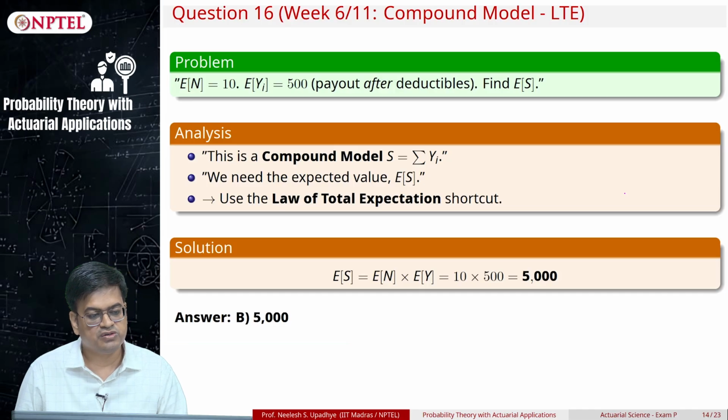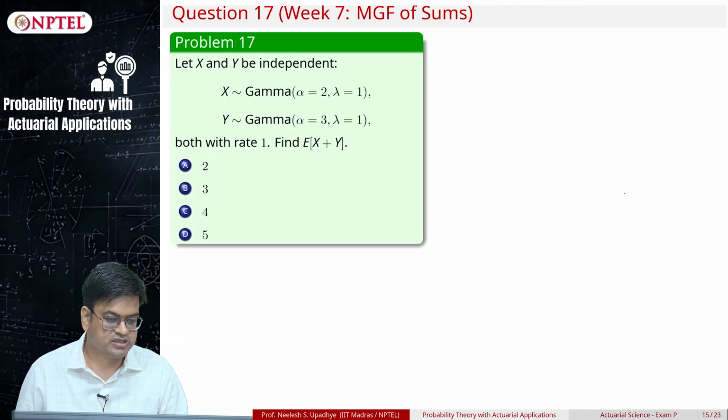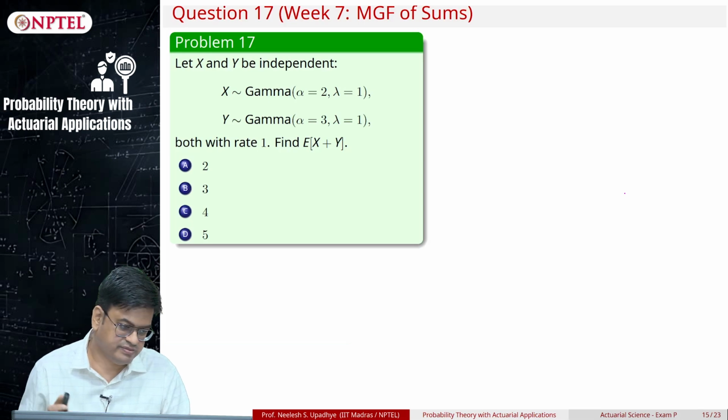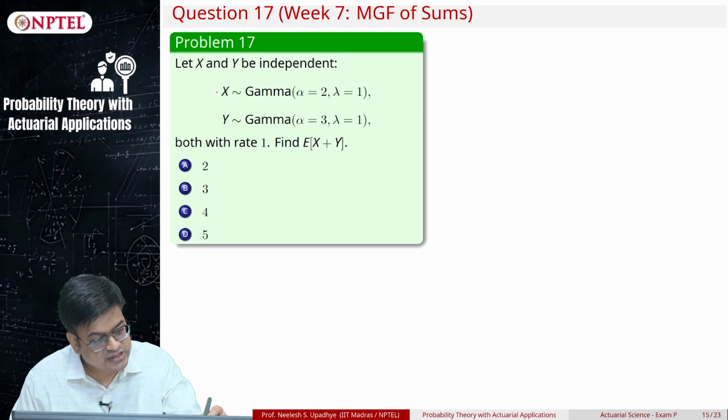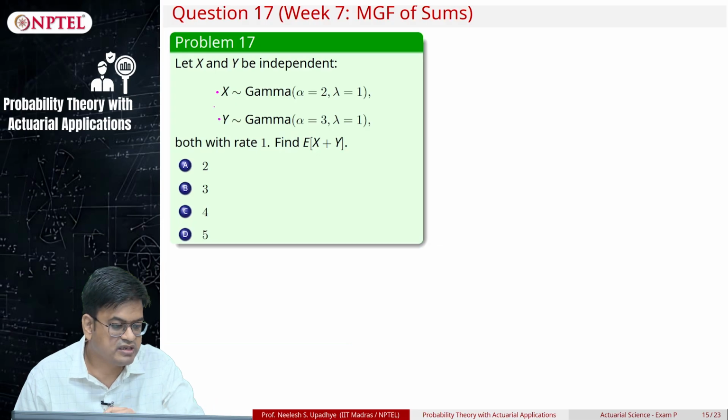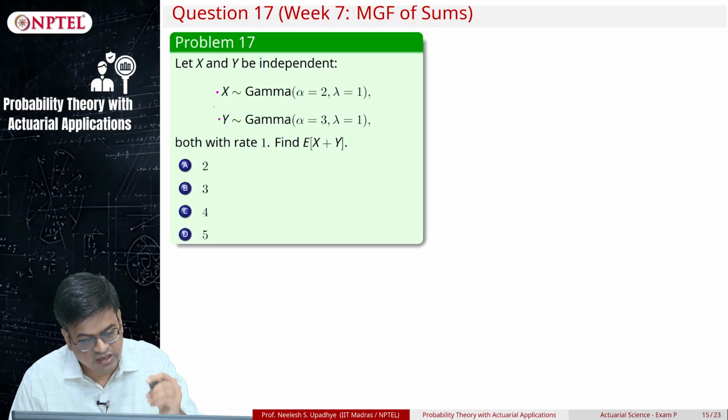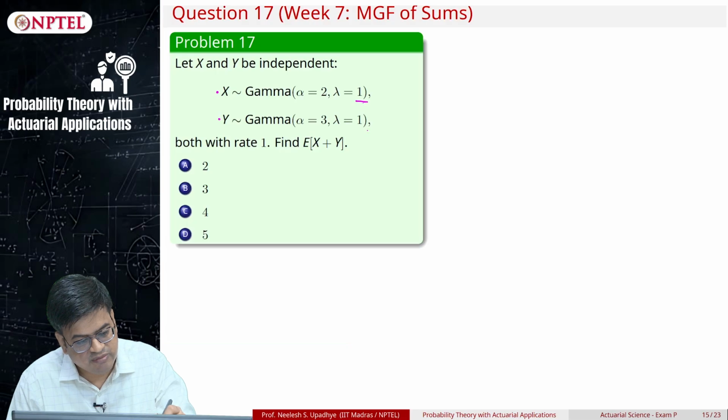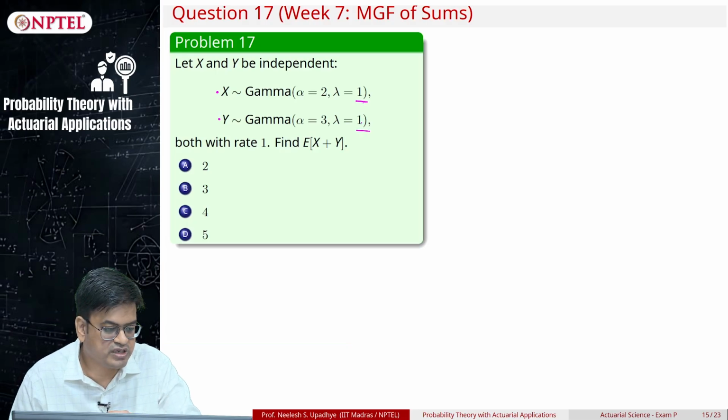Now, let us move on to the next question, which is question 17, and this is related to MGF of sums. You have been told that this particular thing is a gamma random variable, and this is another gamma random variable. The crucial fact is lambda is equal to 1 in both cases.